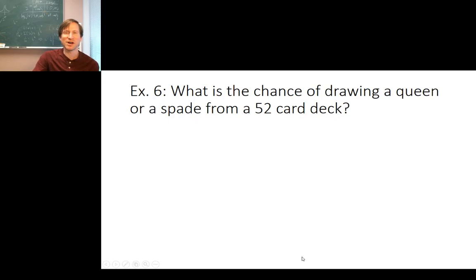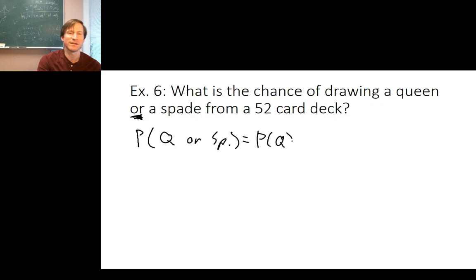Right, one last example. What's the chance of drawing a queen or a spade from a 52 card deck? So this time, the fact that we're going to be using our OR formula is kind of given away in the statement. So let's find the probability of getting a queen or a spade. Well, according to our formula, this is the probability of getting a queen plus the probability of getting a spade minus the probability of getting a queen and a spade.